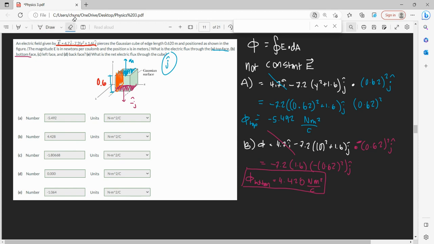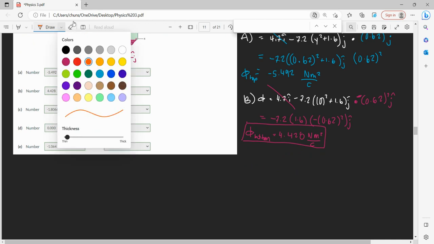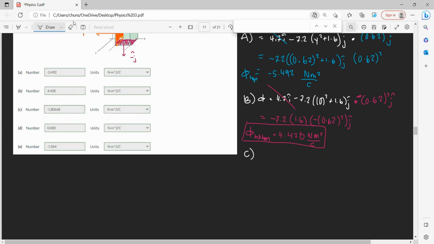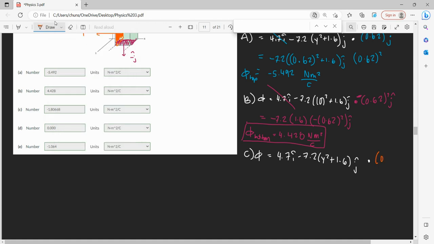And we know that it's going to be directed outwards, and that is in our negative i direction. So for part C, (4.7 i minus 7.2 y squared plus 1.6 j) times 0.62.